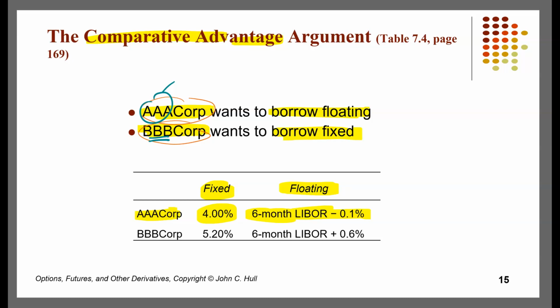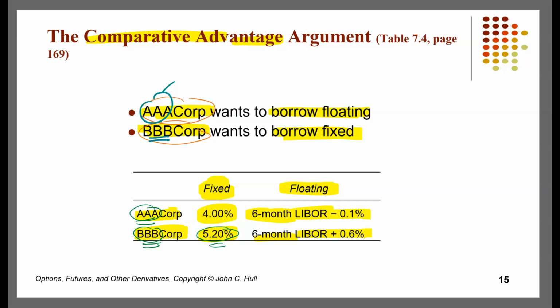Now, BBB on the other hand could have access to capital at 5.2% fixed or LIBOR plus 0.6% floating. And what we can see here from the get-go is that the credit quality of BBB is lower than the credit quality of AAA, which means that the cost of borrowing for BBB is going to be higher than the cost of borrowing for AAA.